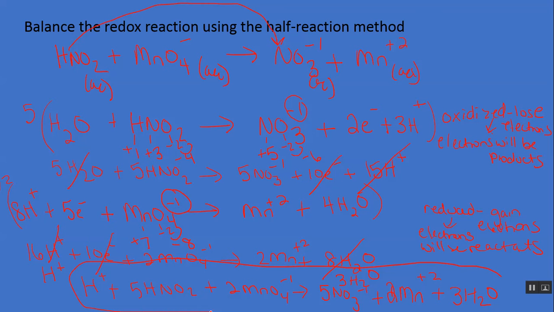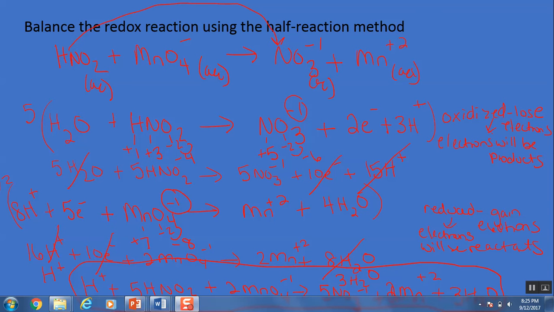It's a whole lot of writing, but that is our balanced redox reaction. And while we're not done, that at least puts us through answering that first question, to balance the redox reaction using the half reaction method.